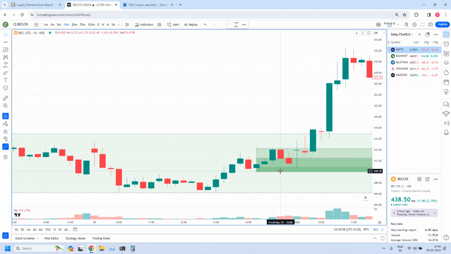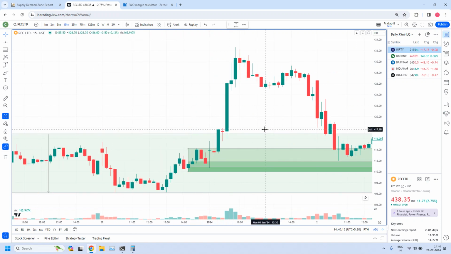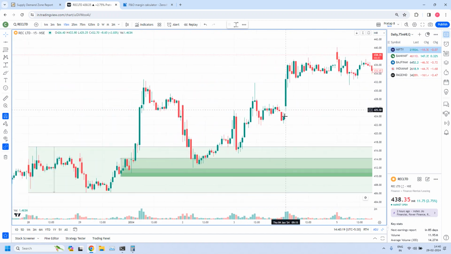Yeah, 15 minutes I have drawn wick to wick. Drop, 2 base candles, wick to wick I have drawn, rally. If you want to reduce, just take type 2 entry at 5 minutes, like this. If your risk is minimized, you can plan your trade at the 5 minutes area or the 15 minutes area.